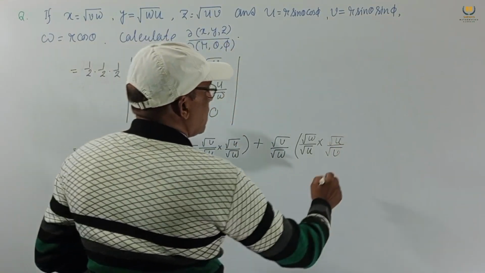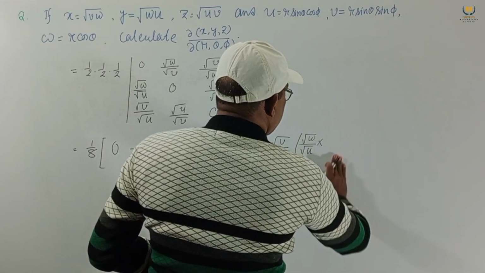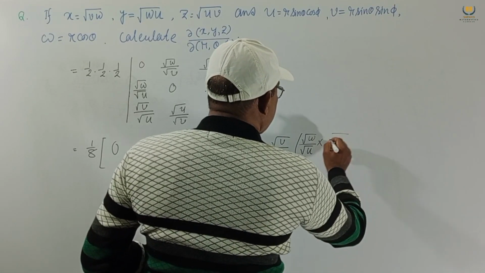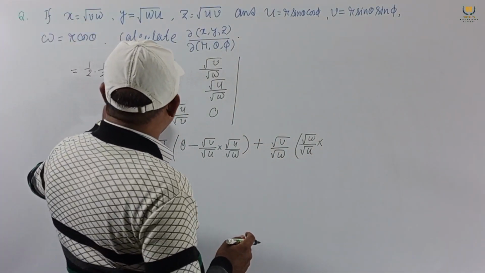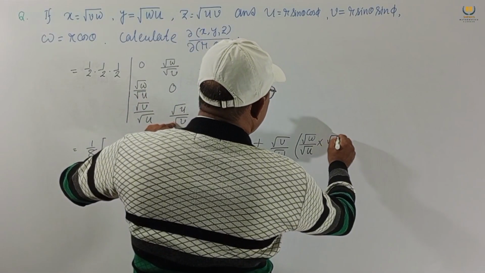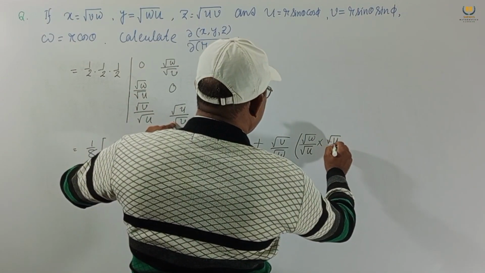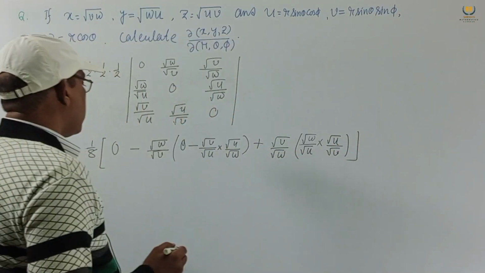This one we get root u, so root w root u into root u root v, we get this one.